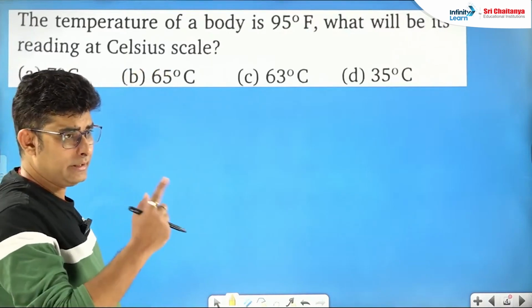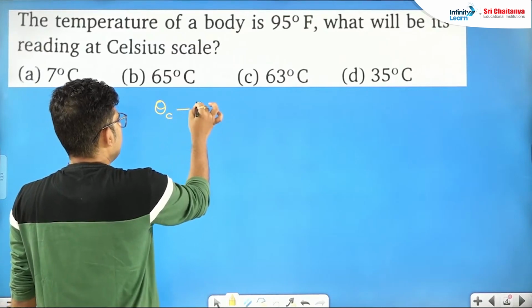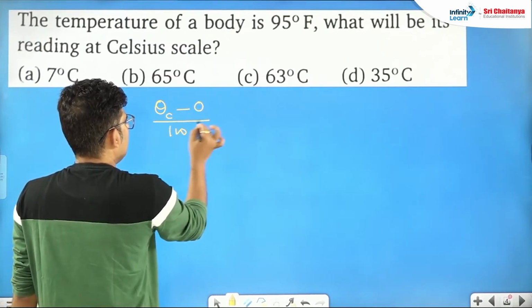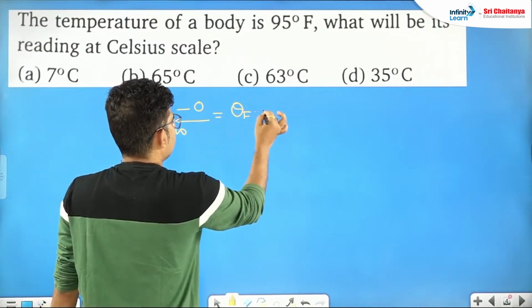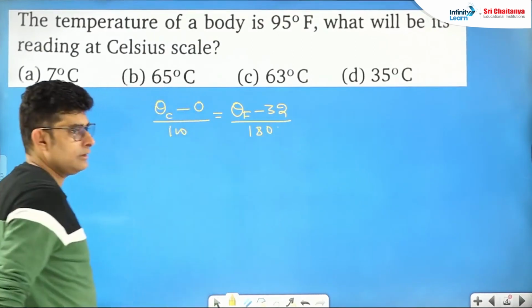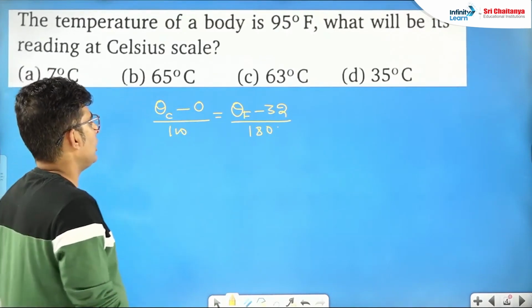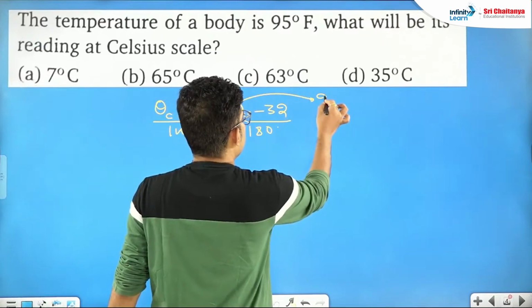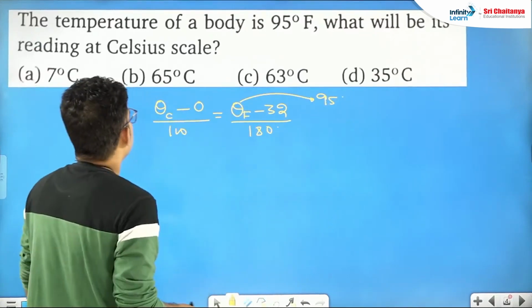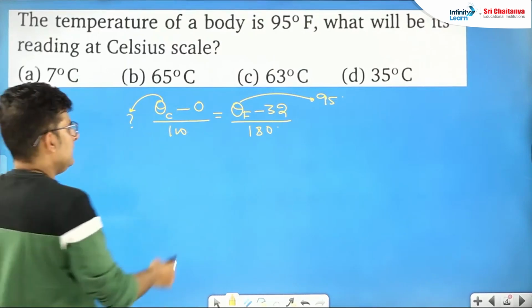Now it is simply reading based. As I said, theta c minus LFP by 100 is equal to theta f minus LFP divided by 180. This is what we use for Celsius and Fahrenheit. They have given the body temperature in Fahrenheit as 95 and they are asking the reading in Celsius scale.